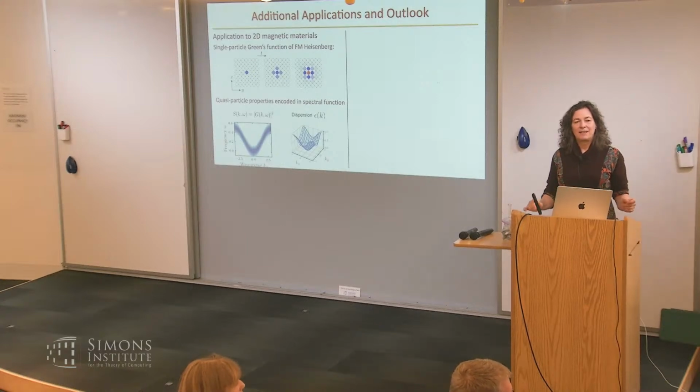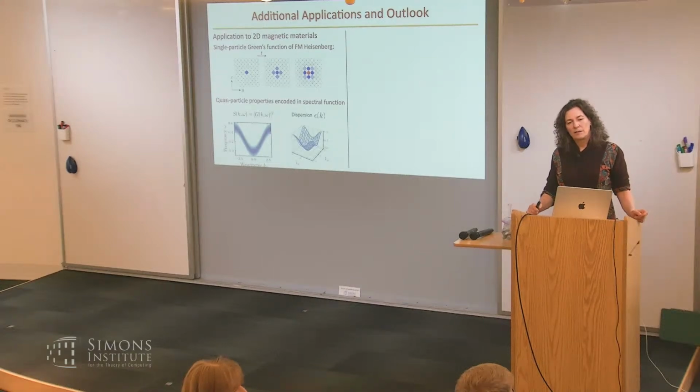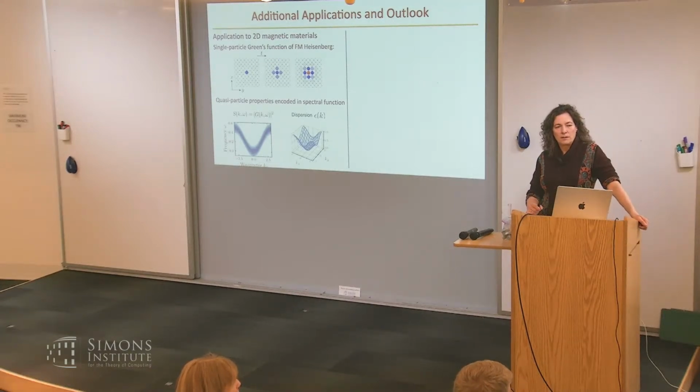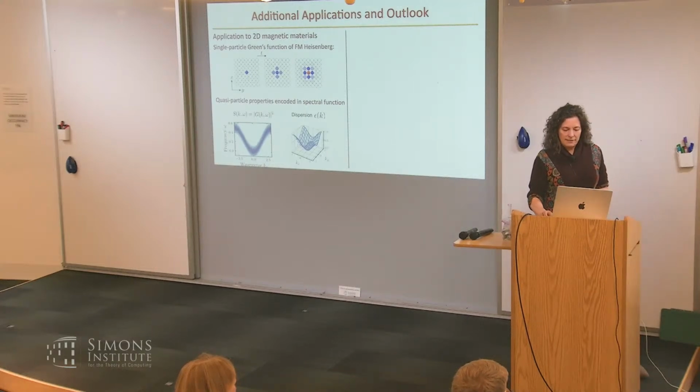My question is about the part of mapping the chemistry systems to spin systems. I'm wondering, firstly, is this a popular approach in the classical quantum chemistry community? Yes, it's kind of popular.